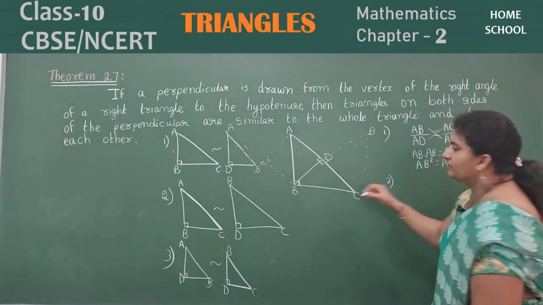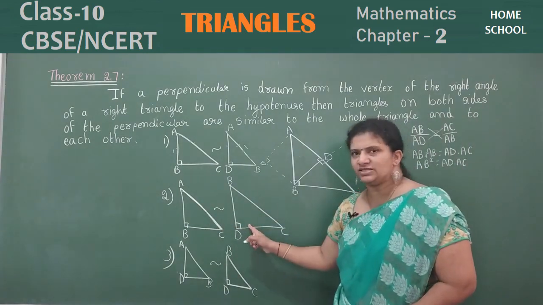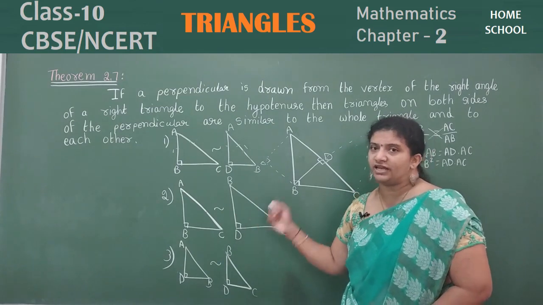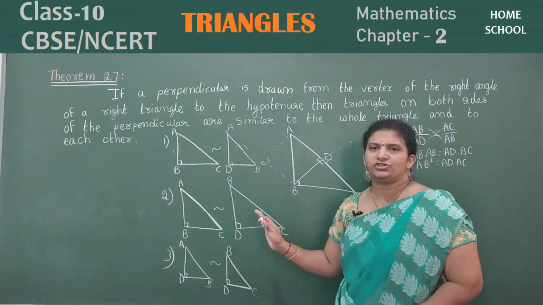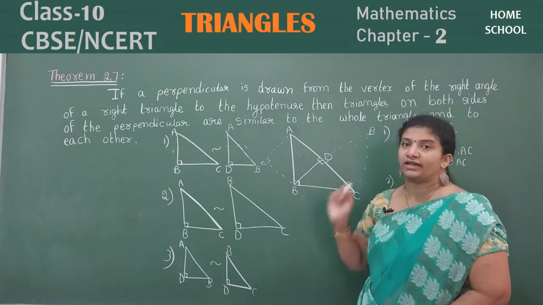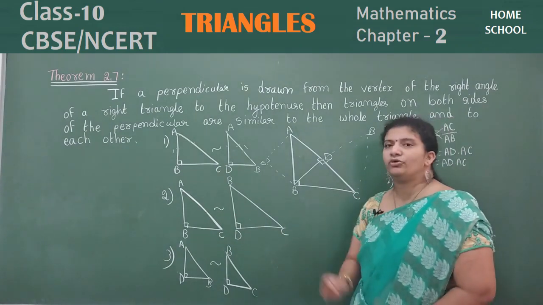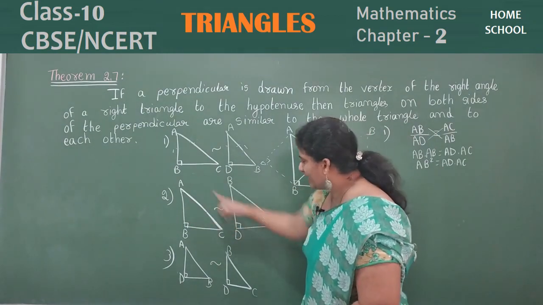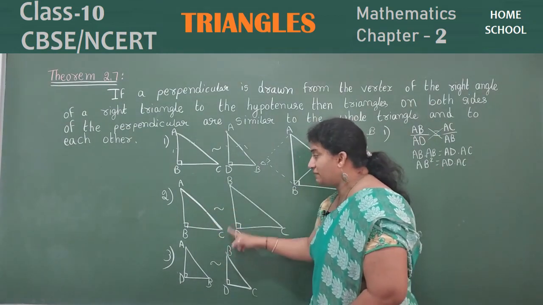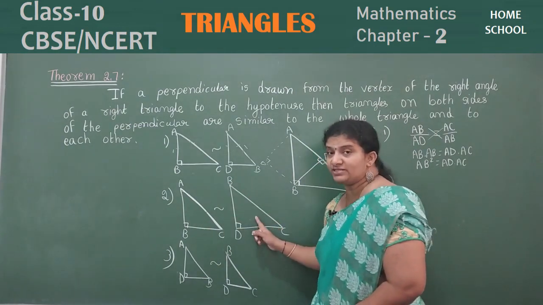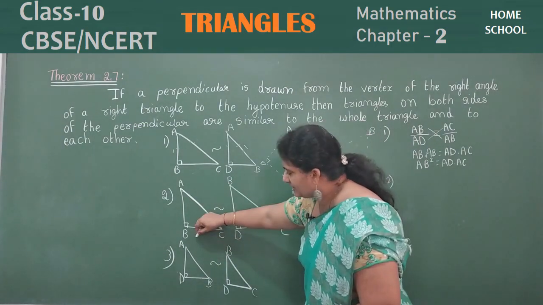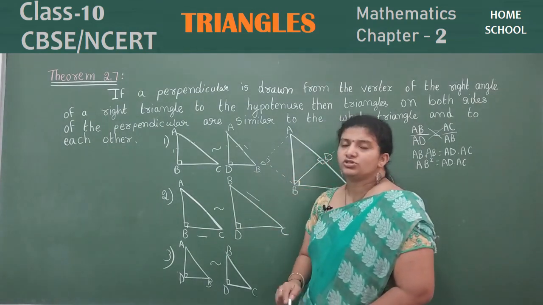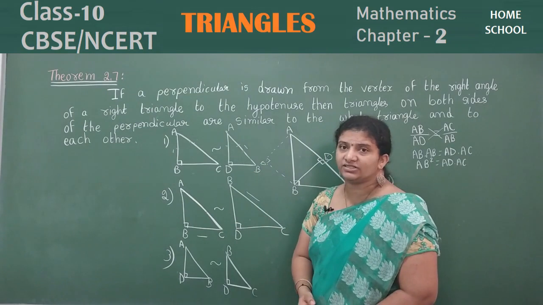Second case here. What is your second case? These two triangles we already proved similar. If they are similar, the ratios are in proportion. I don't want 3 ratios, I need only 2 ratios to get the equation. Which 2 ratios will I take? Observe here, AB is there, not there. AC is there, not there. Yes, BC is there in both triangles as a common side. So, BC is at the base in this triangle and BC is at the hypotenuse in that triangle. So which two sides will I take here, children?